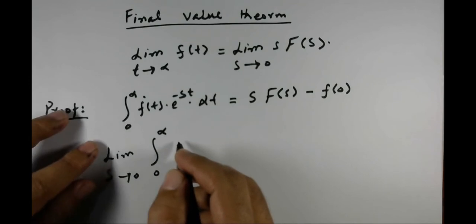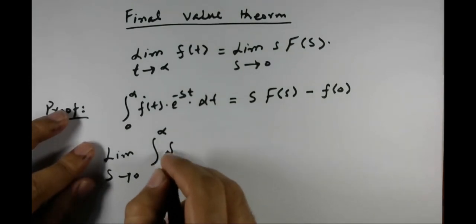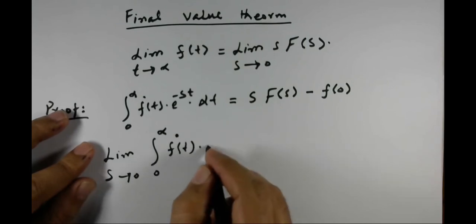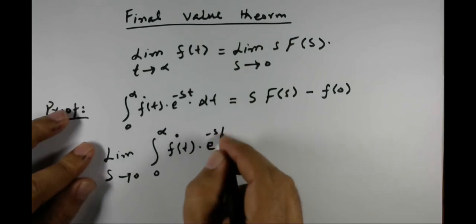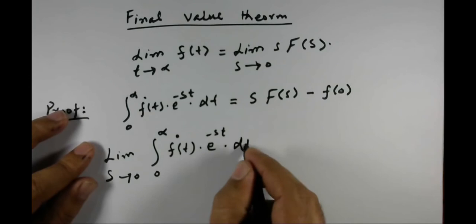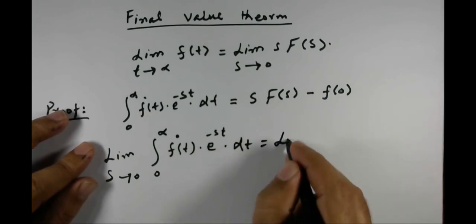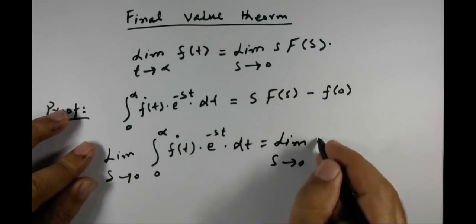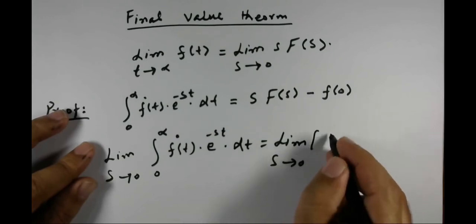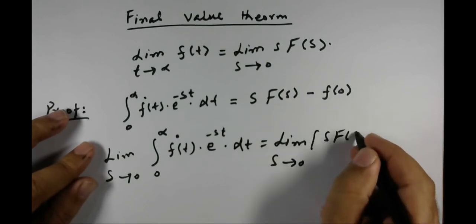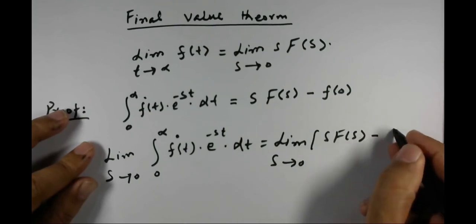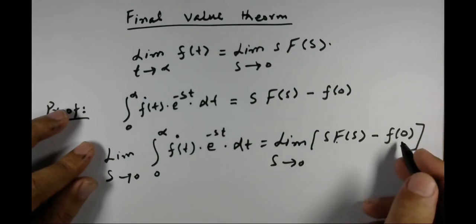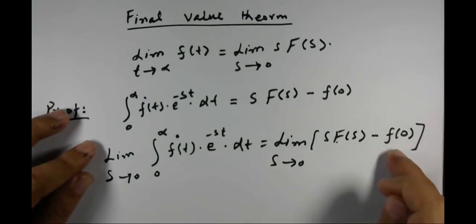So this will be f'(t) times e to the power minus st dt, and here as well you apply the limit s approaches 0 to sF(s) minus f(0). Again, one f is capital and one is small, so you should know what this denotes and what this denotes.